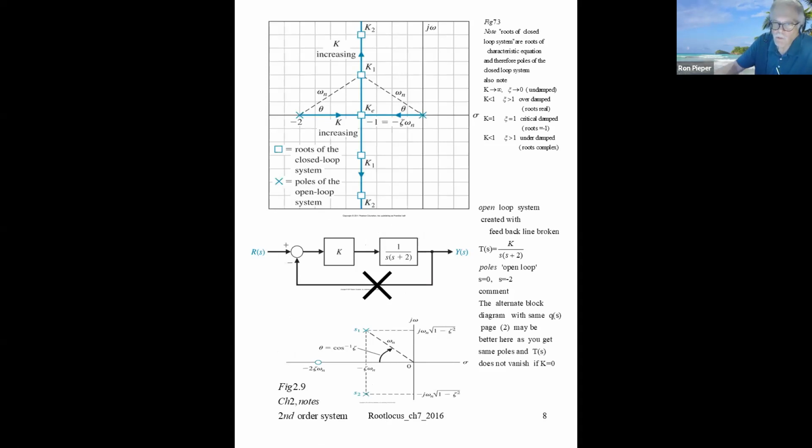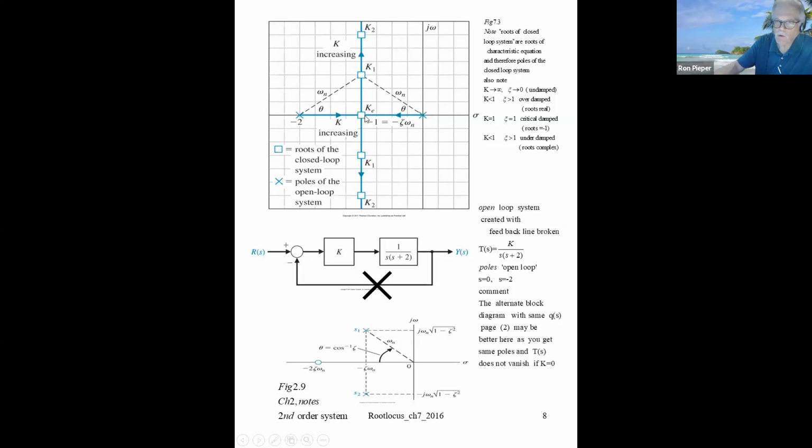Okay, so from the viewpoint of a second order treatment, we've already established where that formula comes from. What's going to happen is, when K is between 0 and 1, the roots of the characteristic equation move from the left towards the -1.